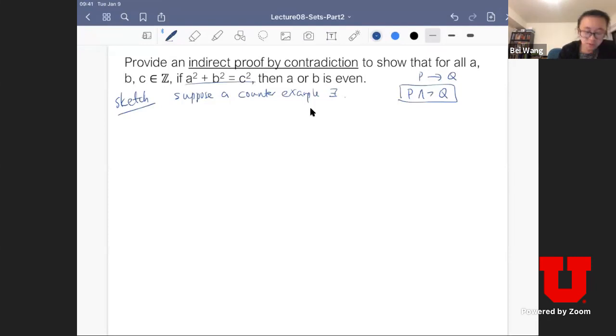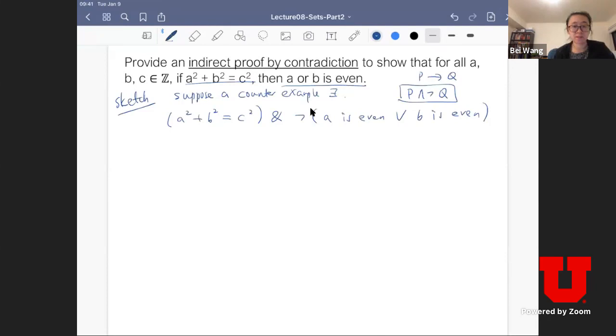P is a squared plus b squared is equal to c squared, and Q is a or b is even. So then P and not Q is a squared plus b squared is equal to c squared, and not (a or b is even). So a is not even and b is not even.